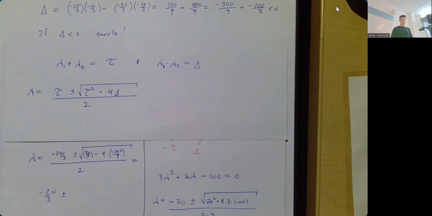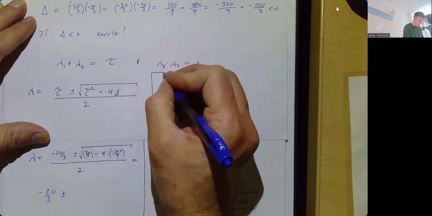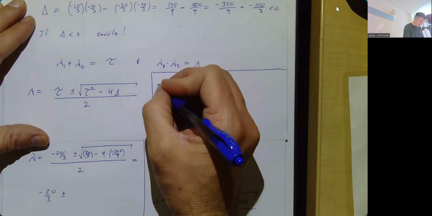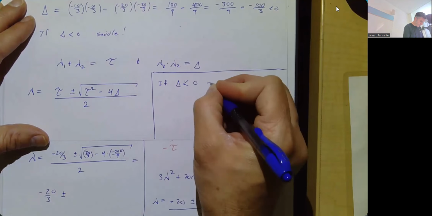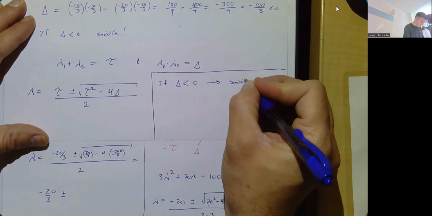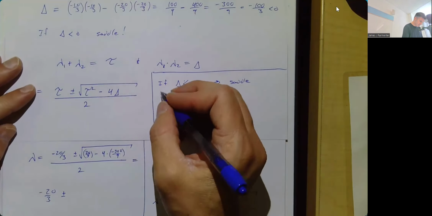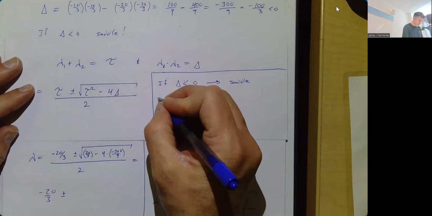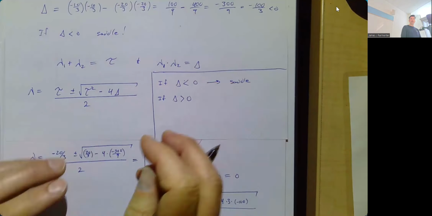And then just to be extra super clear here, let me write some things right here, right now, in these last few minutes. If the determinant is negative, you have a saddle. If the determinant is positive, well, a lot of different things can happen.